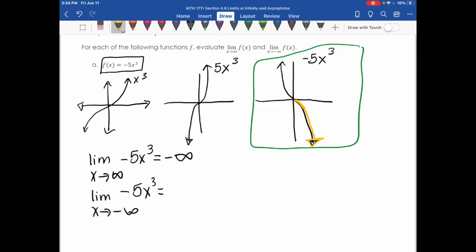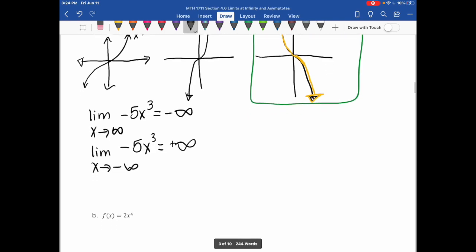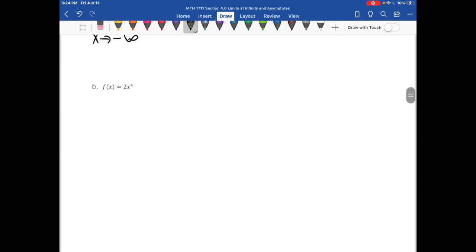So that means my limit is going to be negative infinity. Now, if I trace it going to the left as x approaches negative infinity, my y value is growing without bound. The limit as x goes to negative infinity of negative 5x to the third is positive infinity.